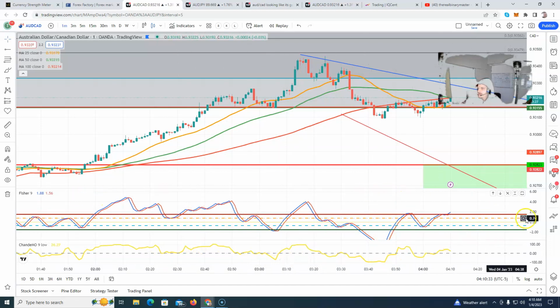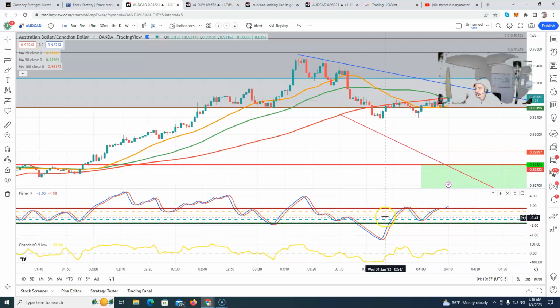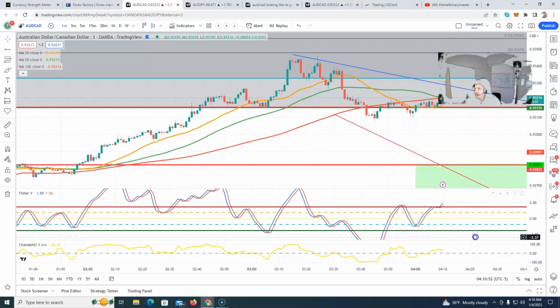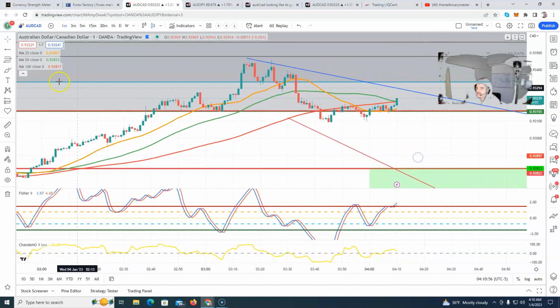But I'm going to use the Fisher as an indicator whether we should be looking to buy or sell. Whenever price is up here on the Fisher, we're looking to sell. When the Fisher and trigger are within the buying area, which is the blue or green down here, we'll be looking to potentially buy. So obviously at this moment, price is overbought, we're looking for possible sells.